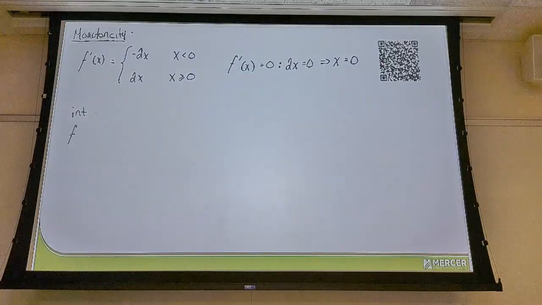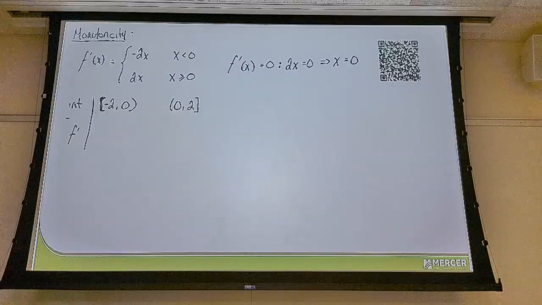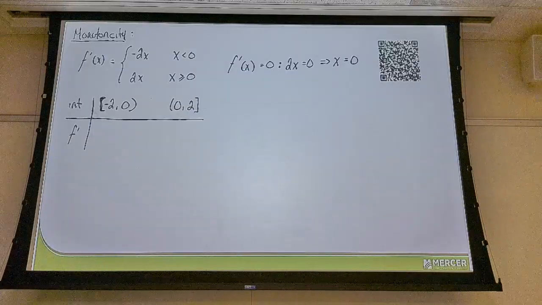What's our first interval? -2, 0. Technically closed, right? Then what? 0, 2, close bracket. Here, I can actually choose the endpoints if I so desire, but I'm not going to.